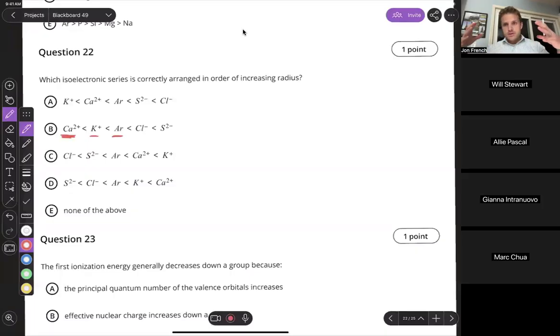Anions are larger than the parent atom because we're adding electrons in and we've got more electron repulsion. The more electrons we add, the more electron repulsion, so it's going to be even bigger. So sulfide would be even bigger than chloride. So calcium, potassium, argon, chloride, and sulfide would be the correct order there.